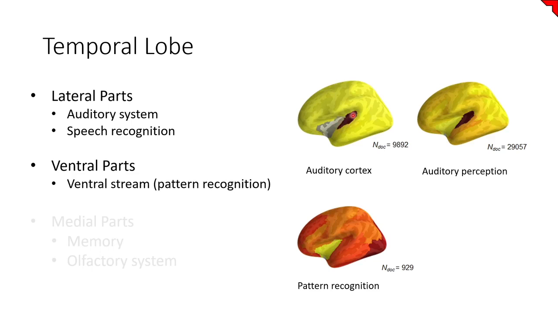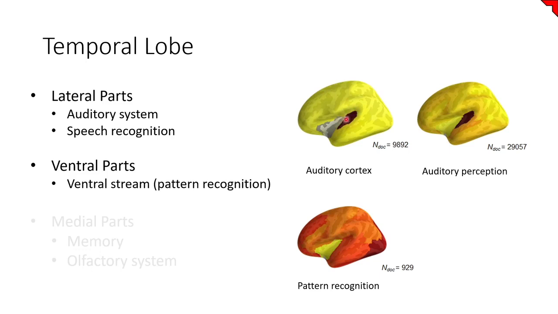But in the real brain, this so-called transverse temporal gyrus, also called the Heschl gyrus, is actually hidden underneath the frontal and parietal operculum. And here lies the primary auditory cortex.